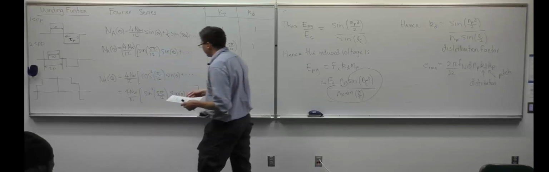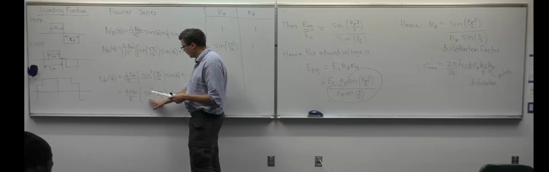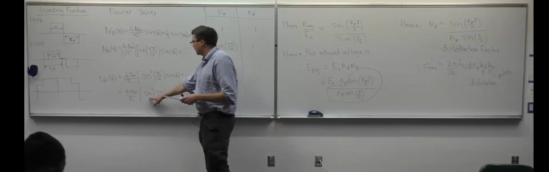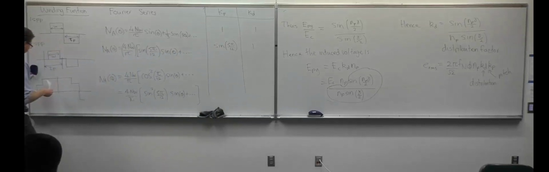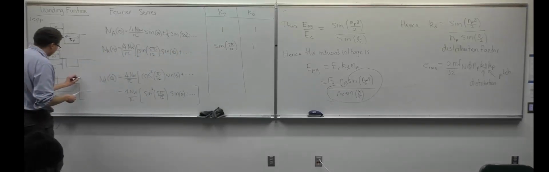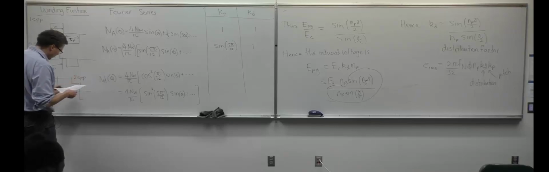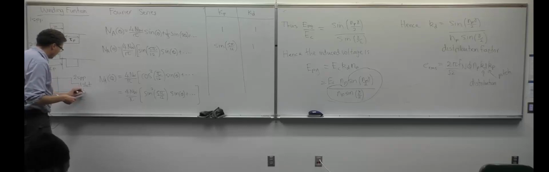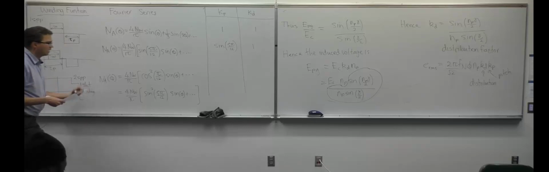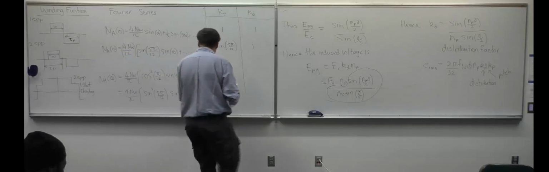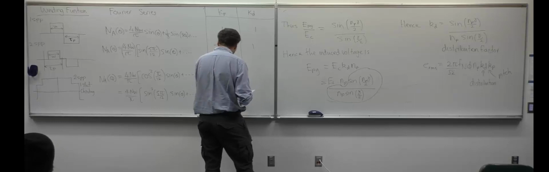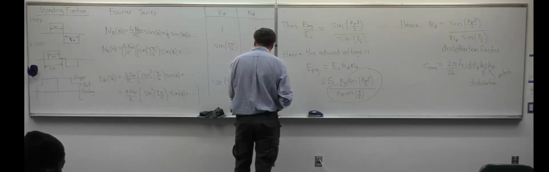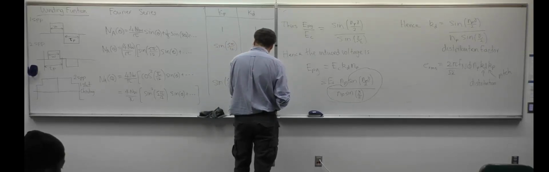And so this works out as sine squared for the case where we have 2 slots per pole per phase and 1 slot chording. So in this case we have sine 5 pi over 12, and this is also sine 5 pi over 12.